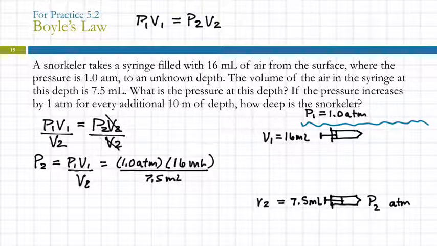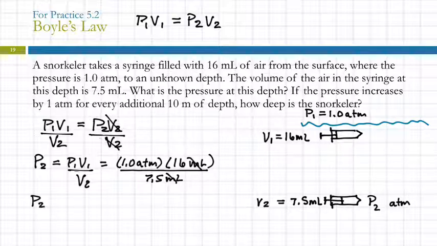So volume 2, 7.5 milliliters. Always write the units in. What happens to those units? The milliliters cancel out. So we don't need to convert anything there. I've got 1 times 16 divided by 7.5.